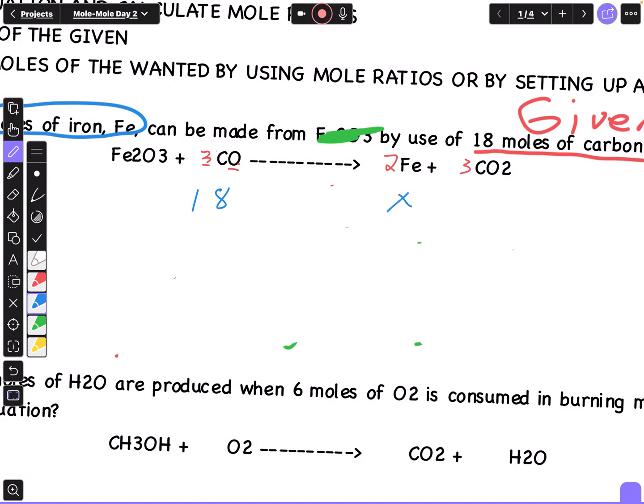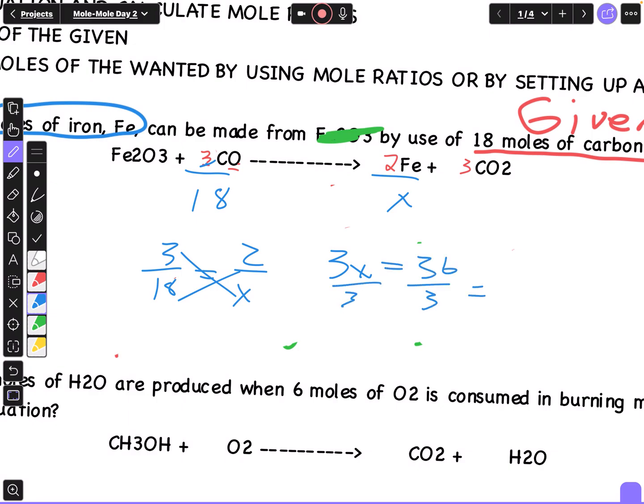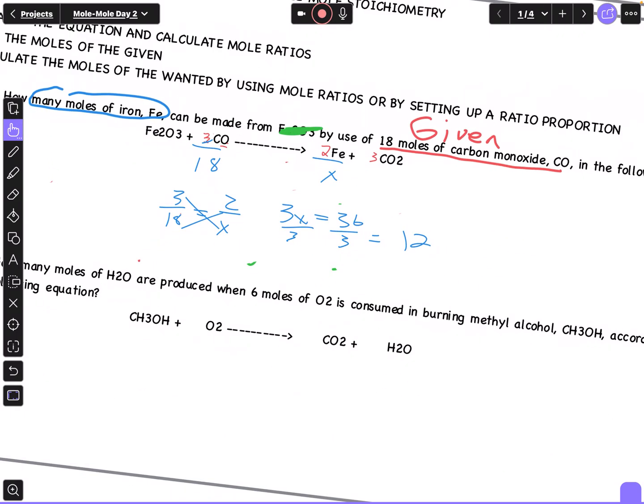I'll put the X under that. Then I set up a proportion with the coefficients from my balanced equation. That would be 3 over 18 equals 2 over X. Cross multiply, 3X equals 36. Divide both sides by 3, and it equals 12. So either way you want to work that problem, whichever way is easier for you is what I would suggest.